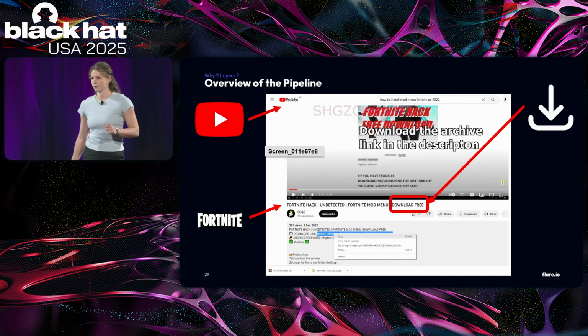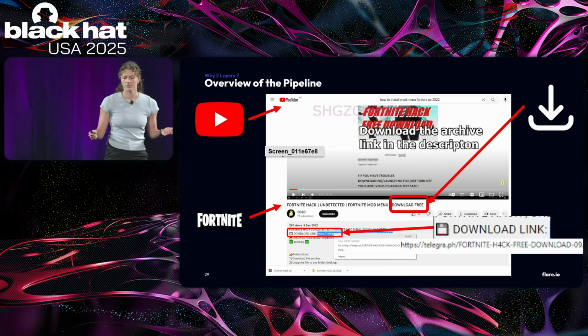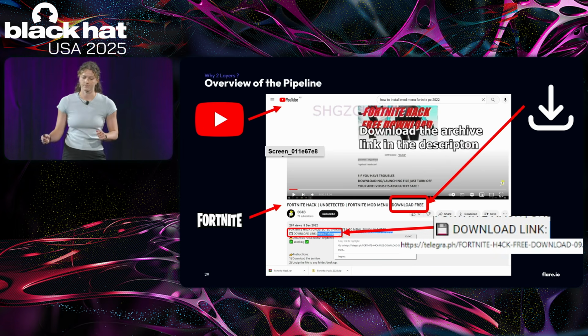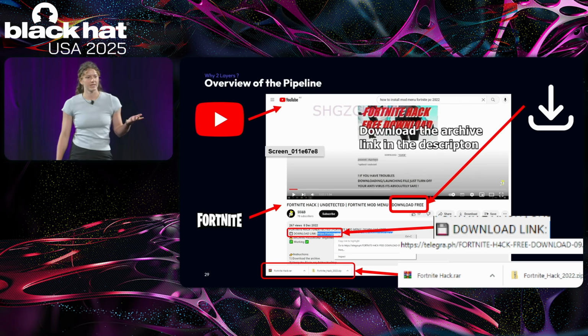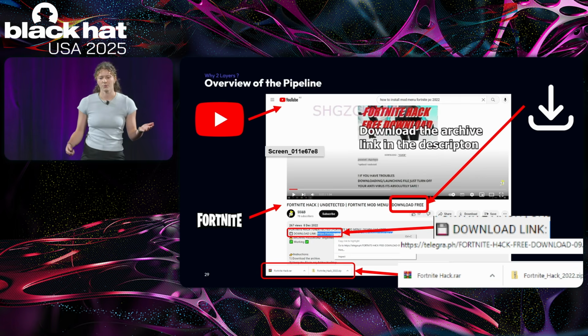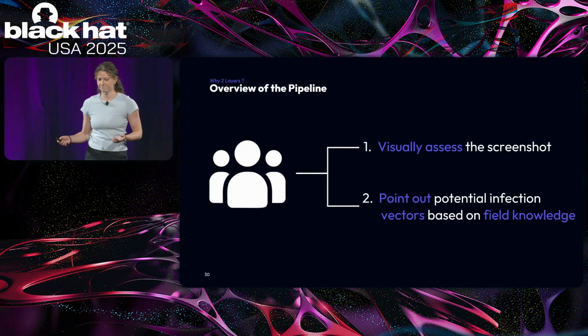Then, once we're familiar with what's happening inside, we look in the details. So we can see there's a download link, and we can see at the bottom that the archives have already been downloaded. And based on field knowledge, we know when reading the names of those archives that it's suspicious, and it's probably how the device was infected.